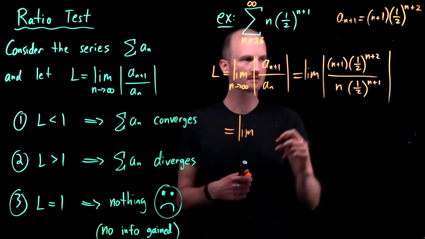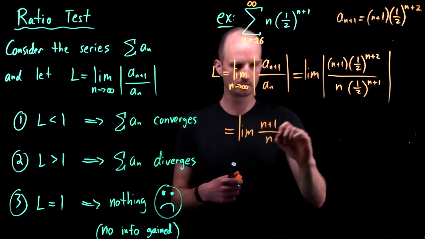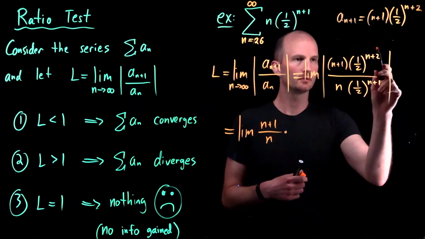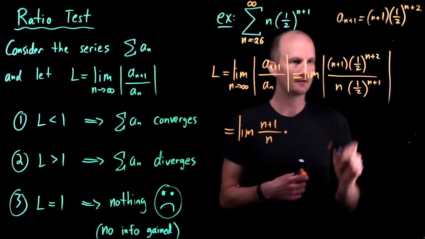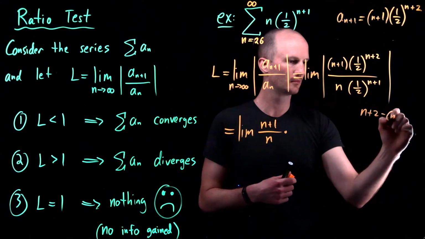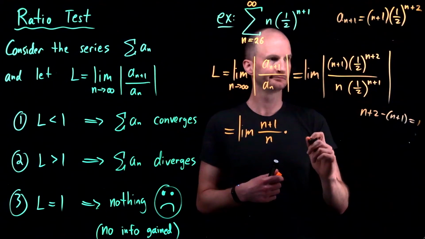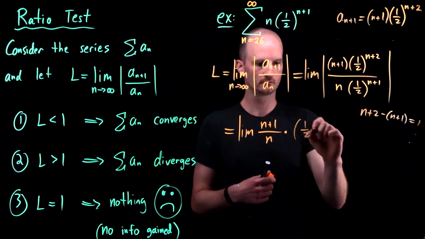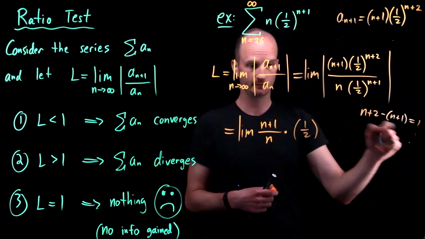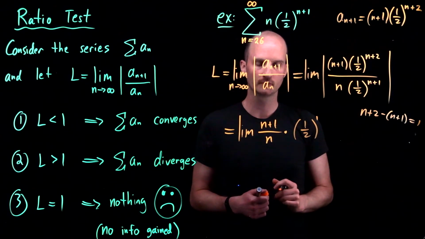There's nothing negative here, so I'll just drop the absolute value. And for these two, they have the same base, so I can subtract the exponents. That gives me just 1. So this one here is the one right there.